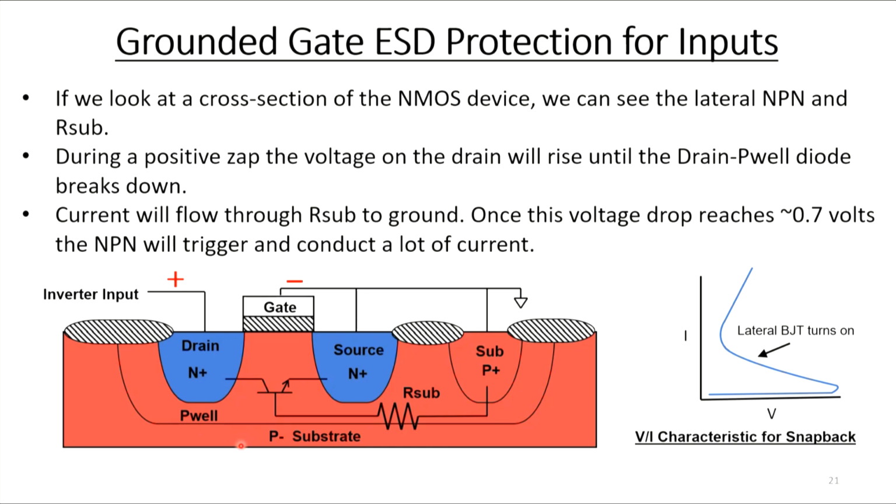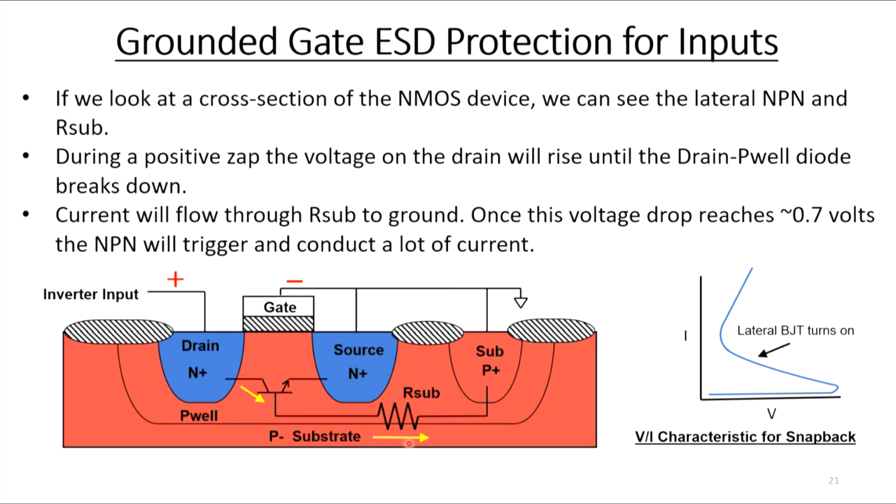Okay, so let's take a look at a cross-section of a MOS device. And here we have one. You can see, in addition to the MOS device, there's a lateral bipolar in here. I've drawn in that lateral bipolar and the substrate resistance. During a positive zap, the voltage on the drain will rise, but eventually this drain to P-well junction is going to break down, and you're going to start getting current flowing through the path indicated by the arrows.